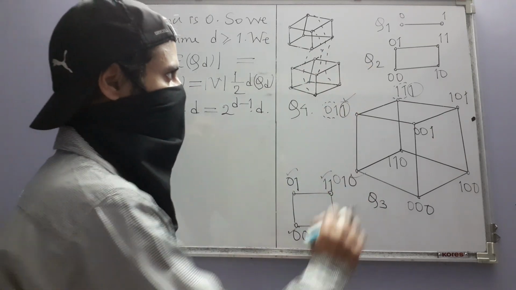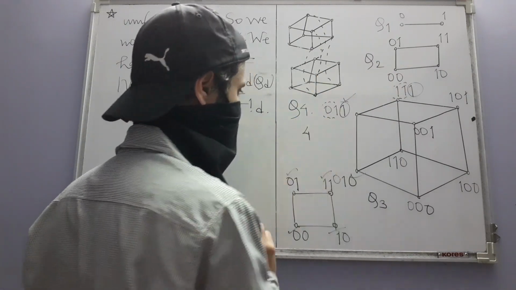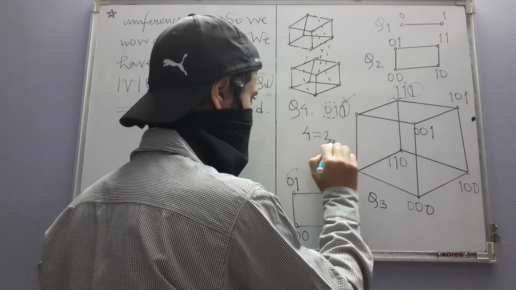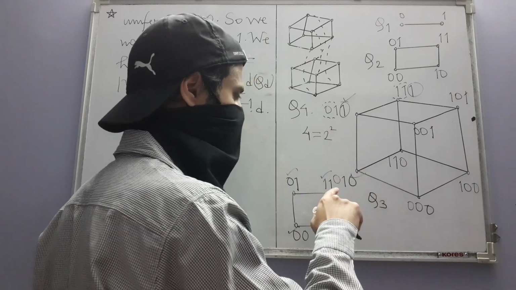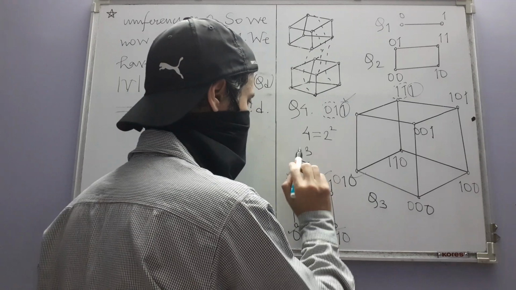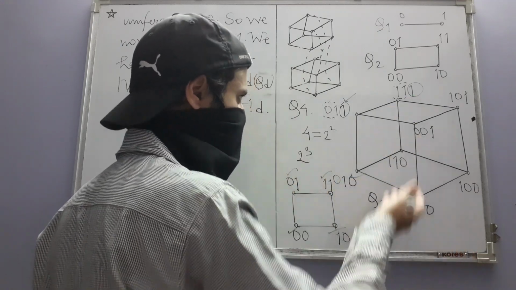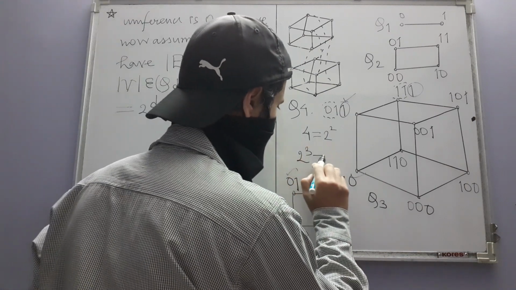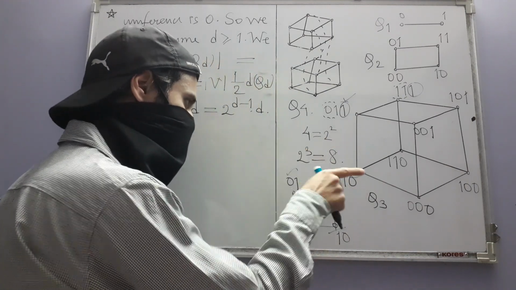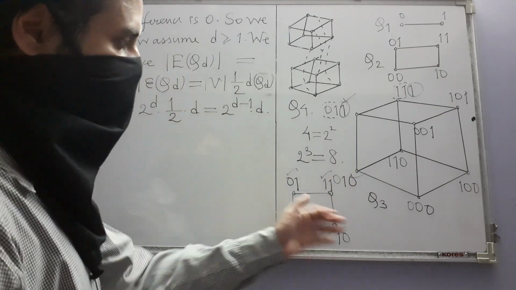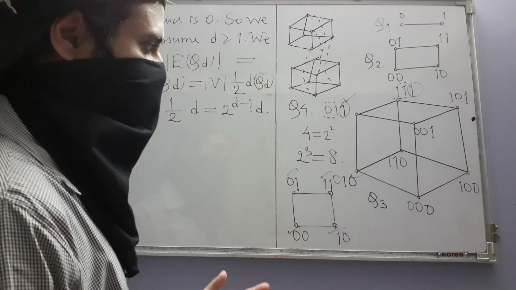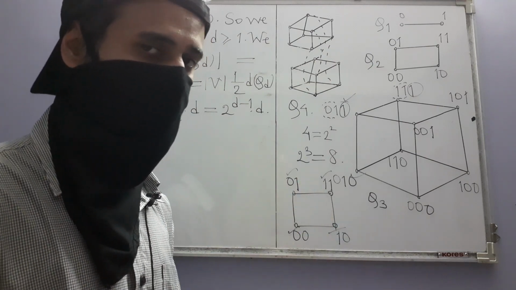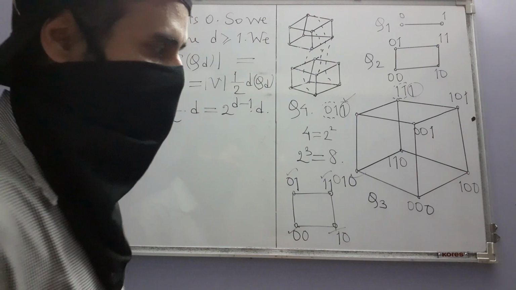Why? Because in Q2 you have 4 vertices. In Q3 you should have 2 cube vertices. That we are getting because we are doubling the number of vertices by taking 2 copies, right? So that's why this is in fact Q3, and from Q3 you will get Q4. In this way you can get higher and higher dimensional cube graphs.